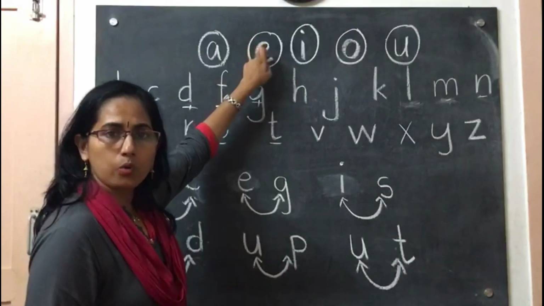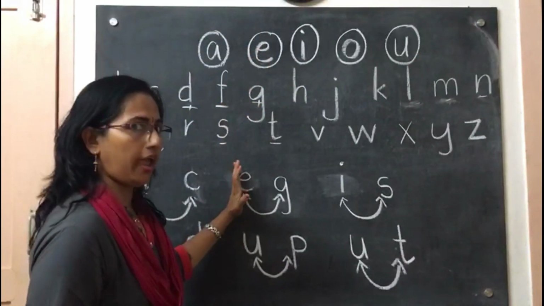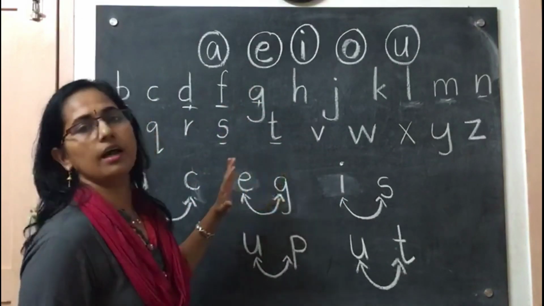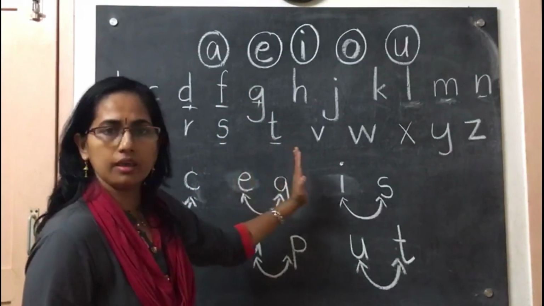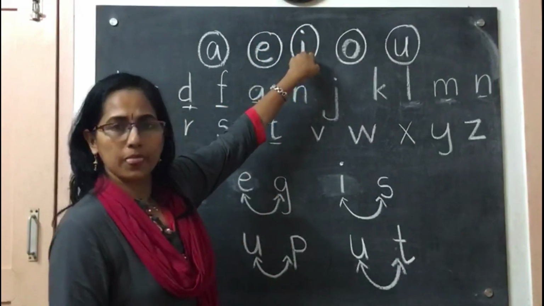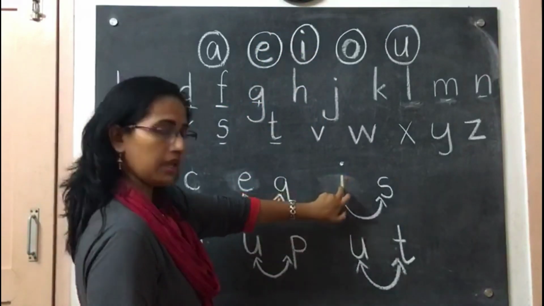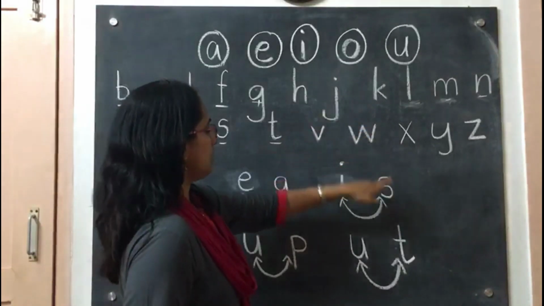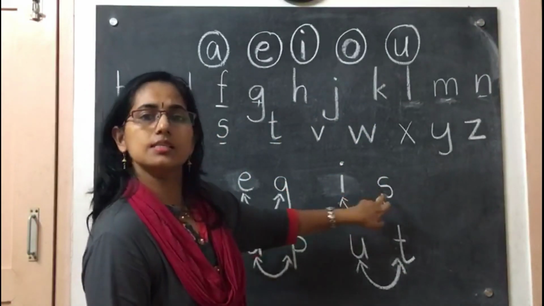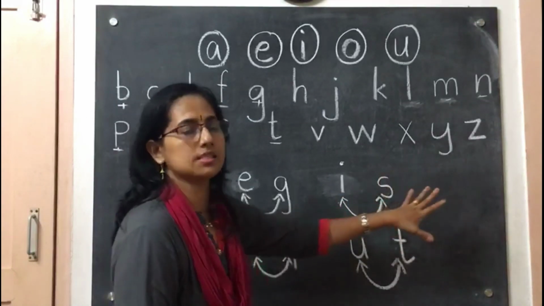Vowel E, the sound of E is eh. And the sound of G is G, egg. And vowel I, the sound of I is ih, and I join consonant S, is.